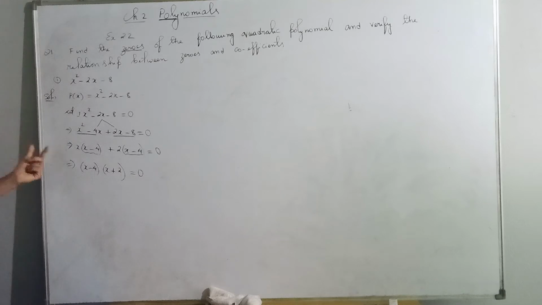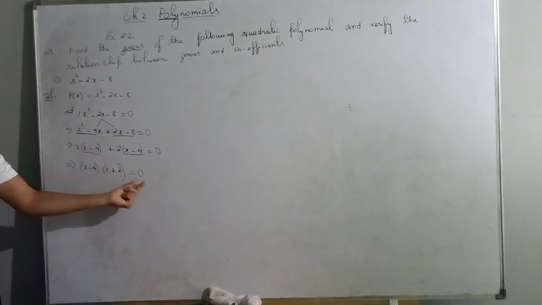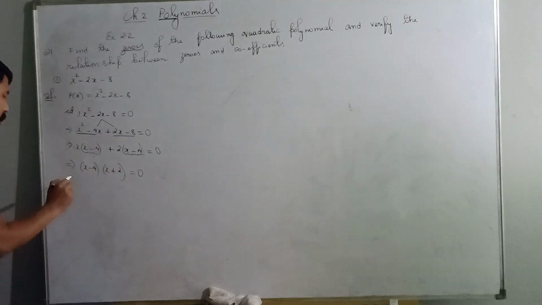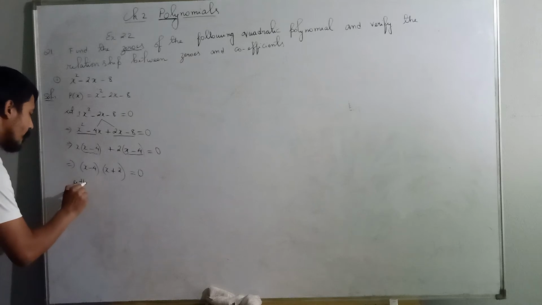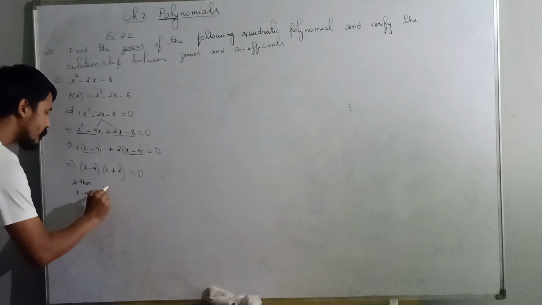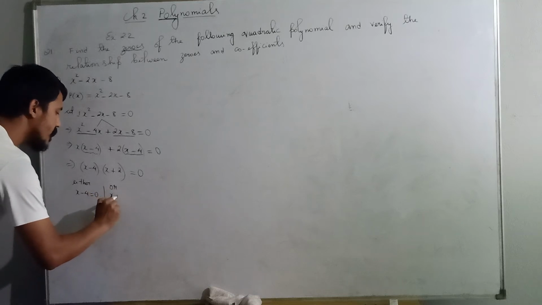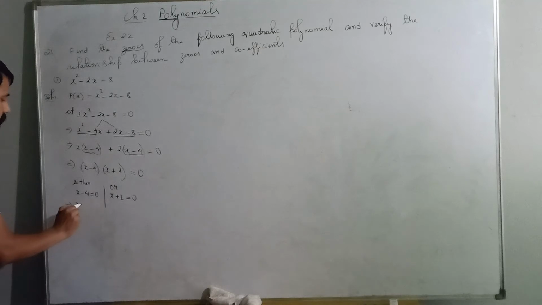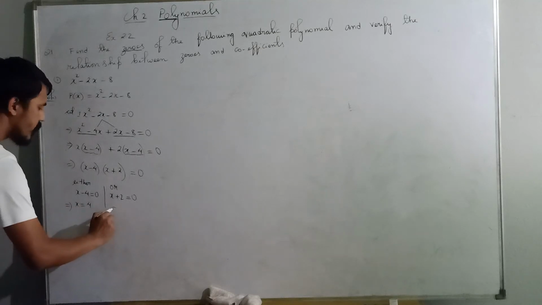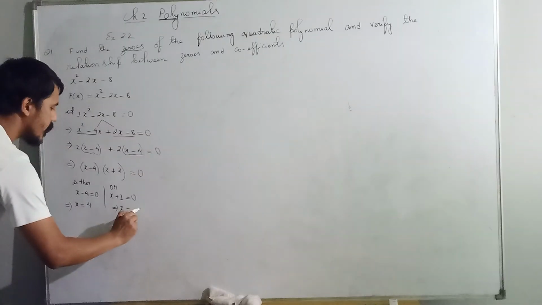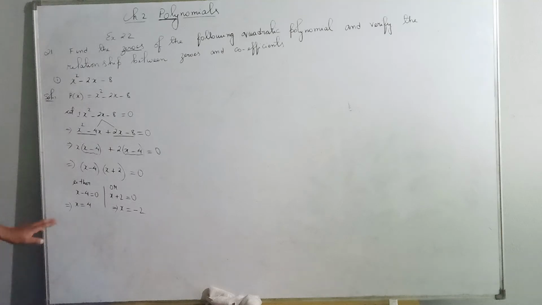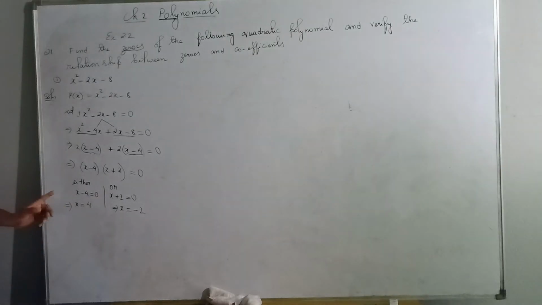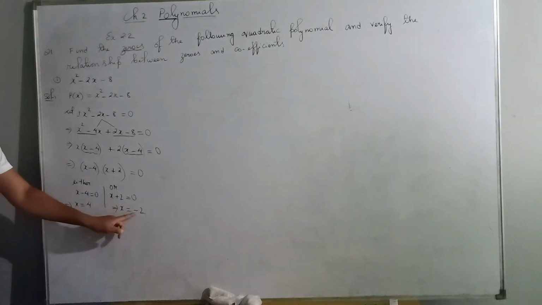So what do we get? Product of two terms is 0 means either your first term is 0 or your second term is 0. This gives you x as plus 4, and this gives you x as minus 2. So the values of x are 4 and minus 2.